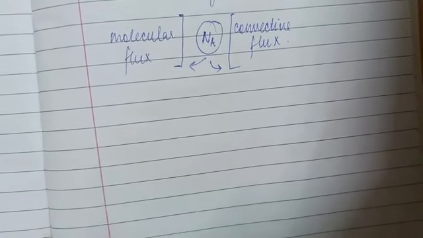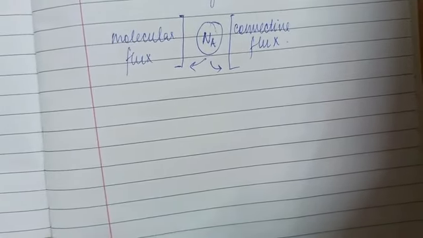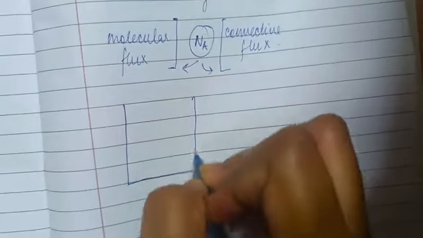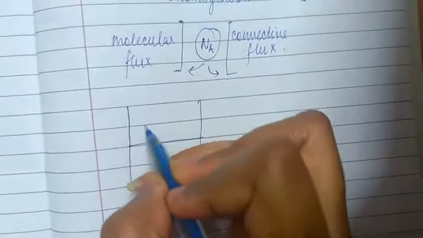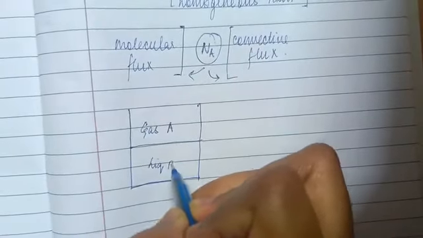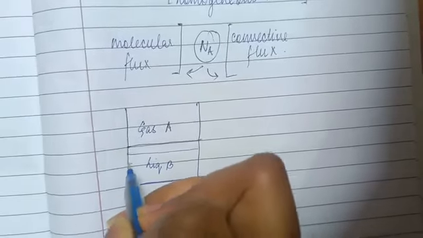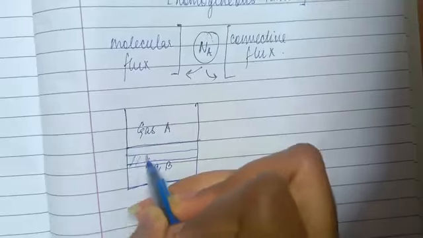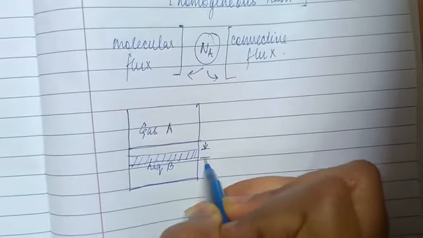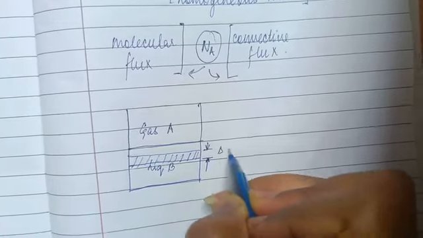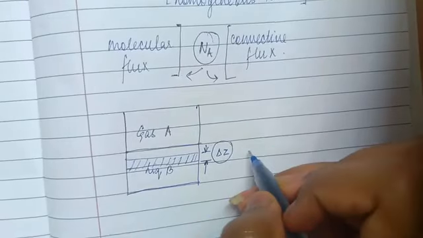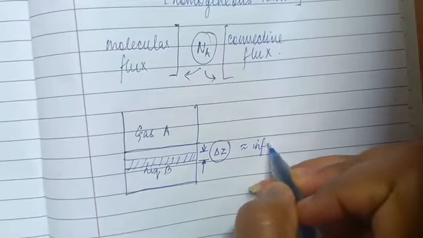In the given binary system, we need to apply a shell balance of finite thickness. This is the finite thickness of delta Z, and then we consider this thickness to be infinitesimally small.